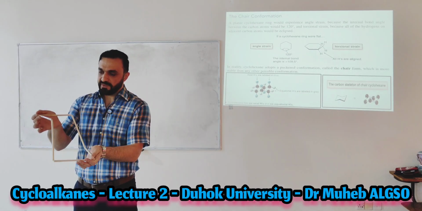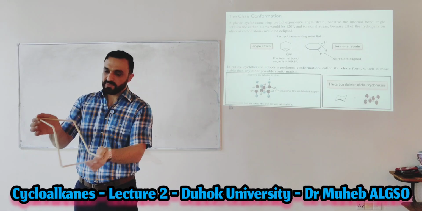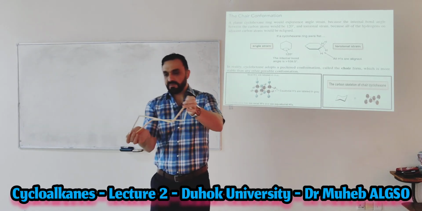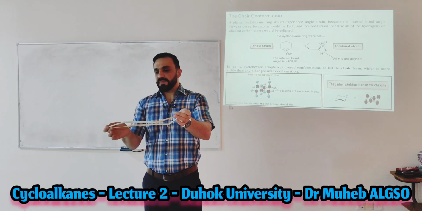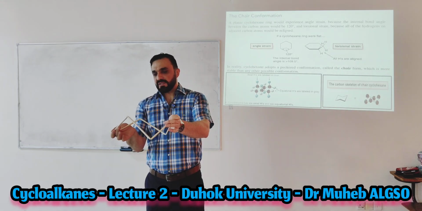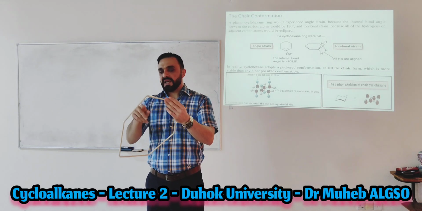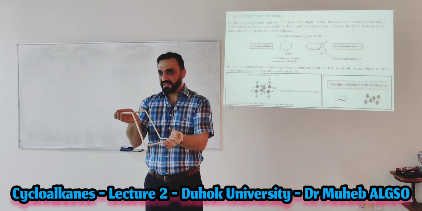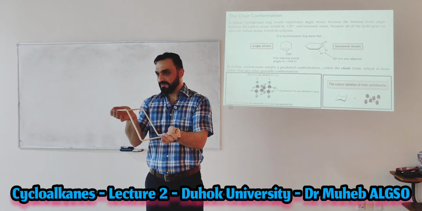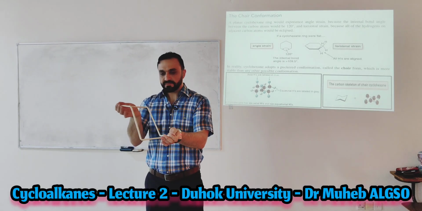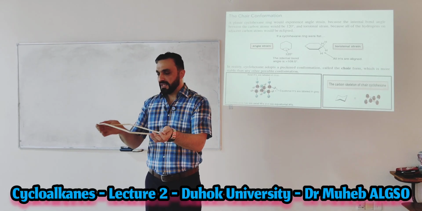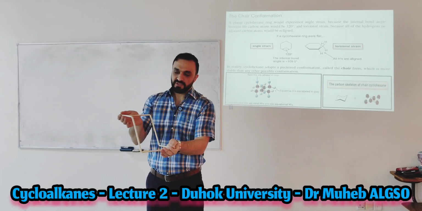This is the chair form, like a chair. Look, the angle here is 120, but if I make it like that, it will be 109.5, the same value as the angle in the tetrahedral figure. So it will go to the chair form.